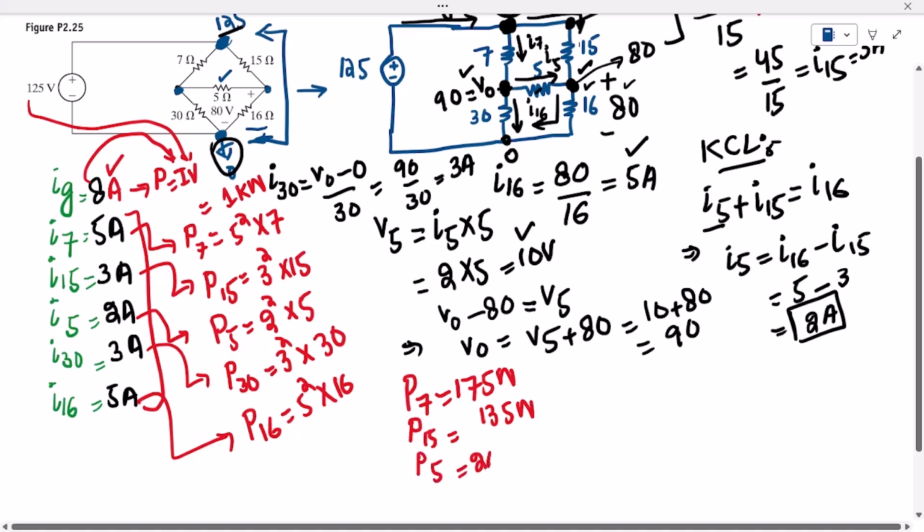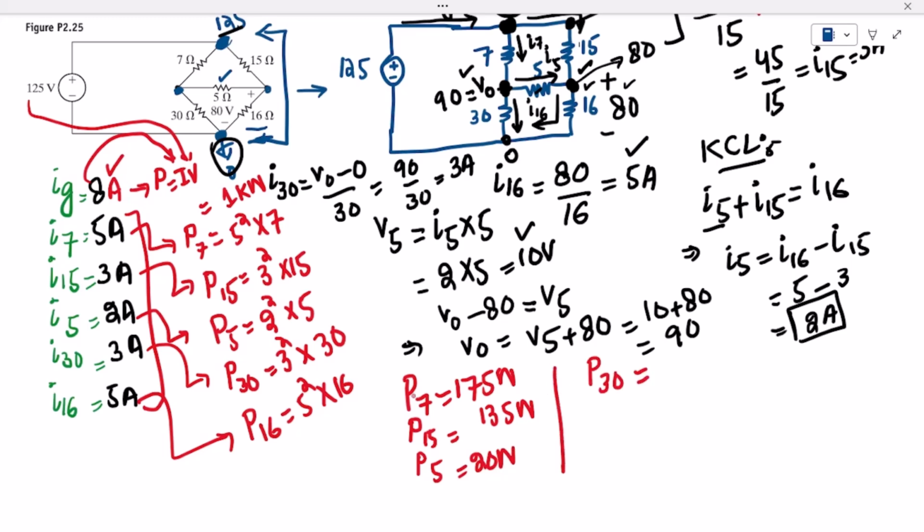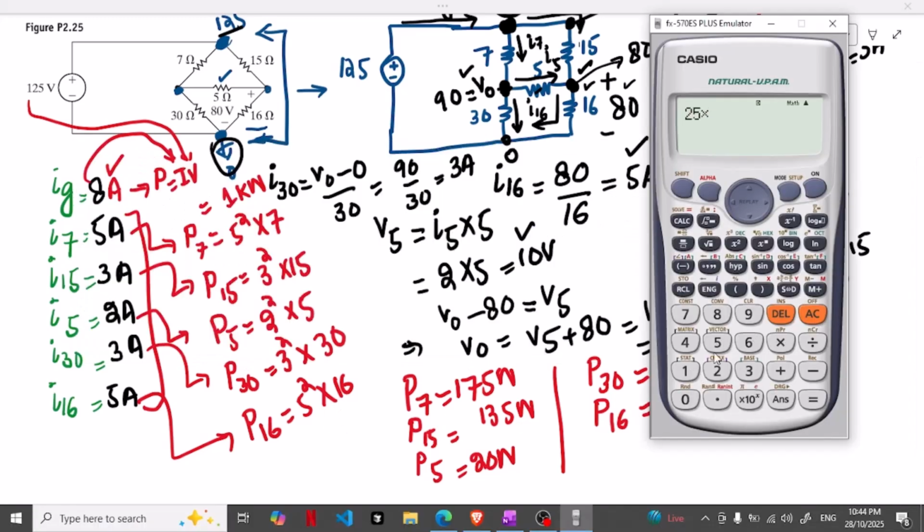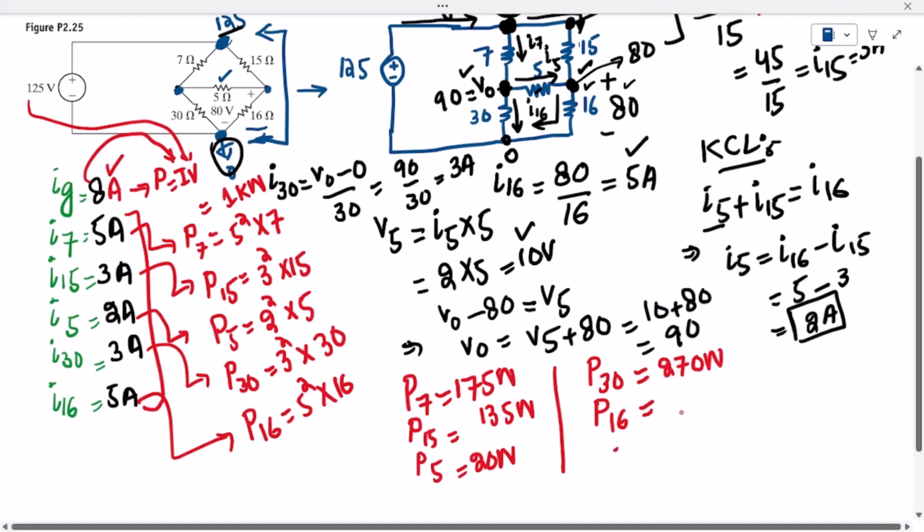P5 is 20 watts. P30 is 3 square times 30, so this is 270 watts. And P16 is 5 square times 16, 25 multiplied by 16 is 400, so that is 400 watts.